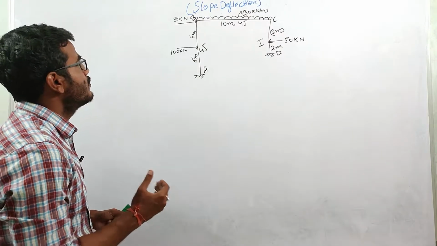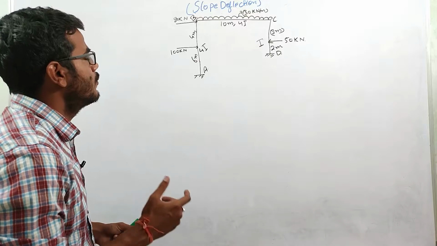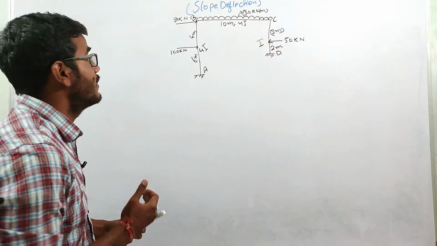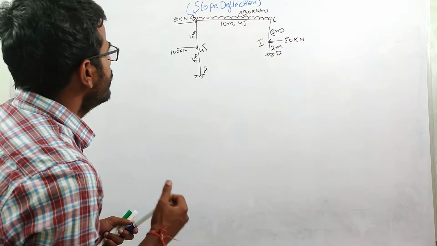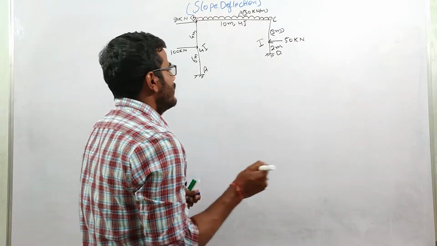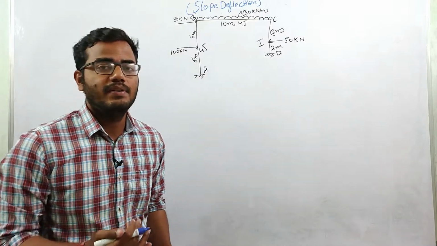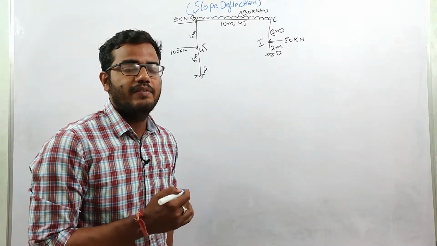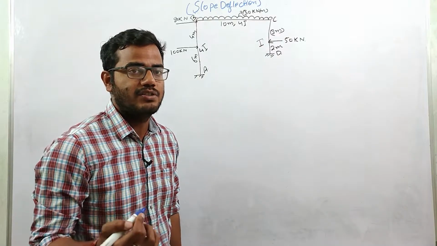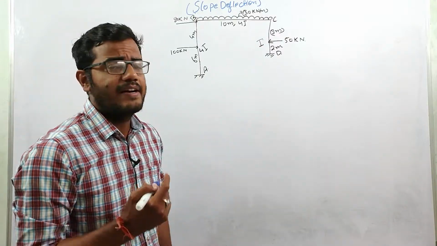Before proceeding to this problem, we need to have an idea of the kinematic indeterminacy of these types of structures. Why are we calculating the kinematic indeterminacy? Because we need to find some displacements. In the slope deflection method, we write force-displacement relationships, and the displacements are found at the node points.